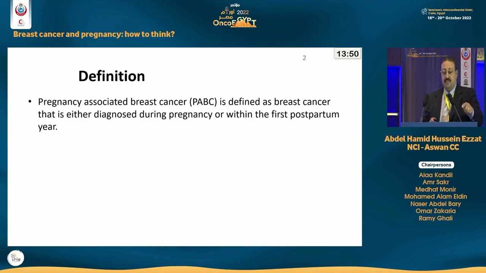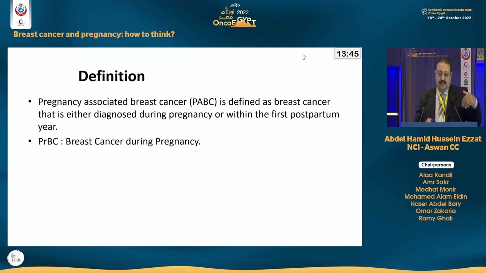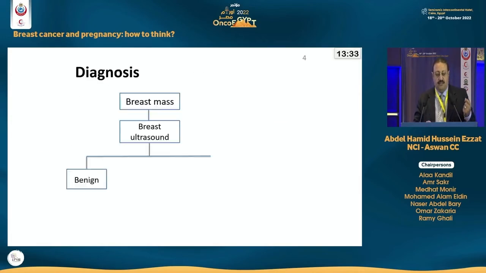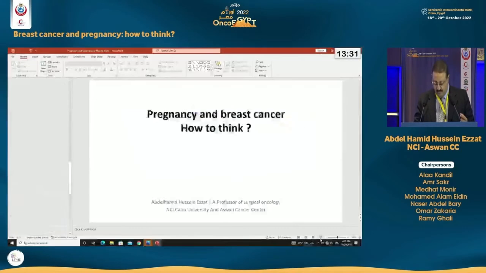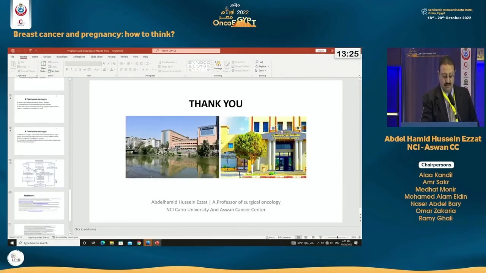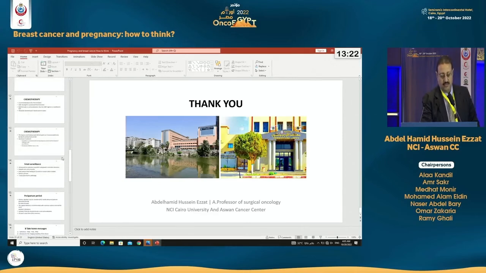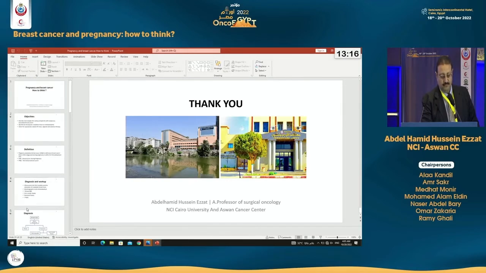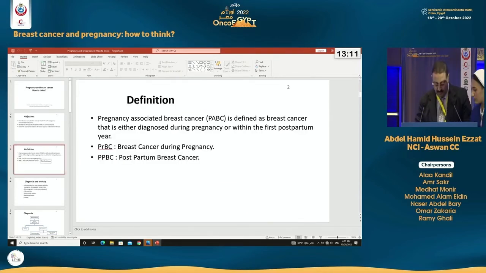But this definition is challenged, so they think to divide it into two parts: breast cancer during pregnancy, and postpartum breast cancer, which they suggest to be about 5 to 10 years postpartum.